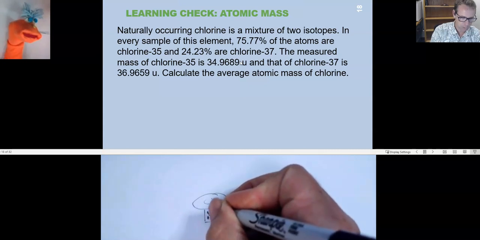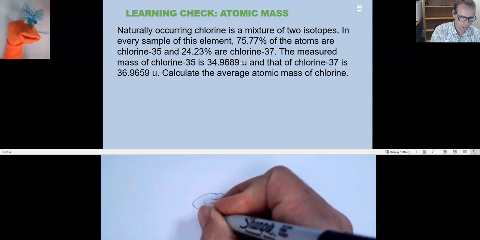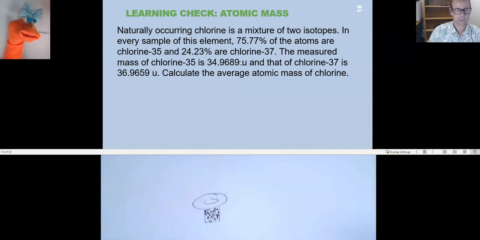Just take them out, find their masses, and add them all together and divide by how many you have. Okay, that's right. And let's say I take out 10,000 atoms. All right, 10,000. And let's say that as I'm pulling them out, I'm writing down the masses that there are.